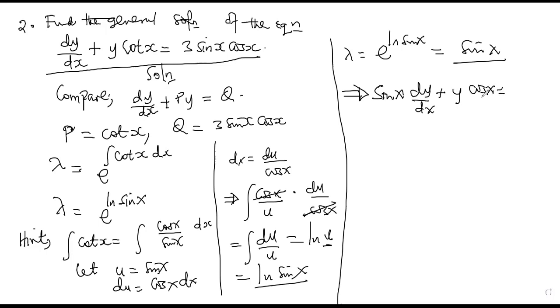Someone is wondering how cos x is coming about. You need to know that cot x is cos x over sin x. So if we multiply by sin x, sin will cancel with the sin and we remain with cos. On the right side, it is going to be 3 sin, it was already sin here, so it will be sin squared x cos x.